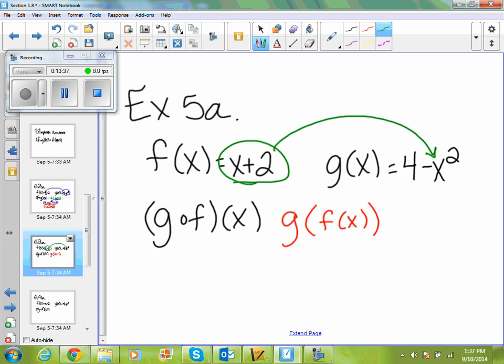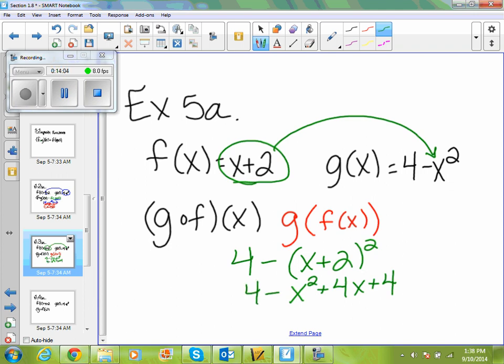So if I do that, then I end up with 4 minus x plus 2 squared. Okay, so then when we FOIL out x plus 2 squared, we get x squared plus 4x plus 4. And I still have this 4 minus out front.